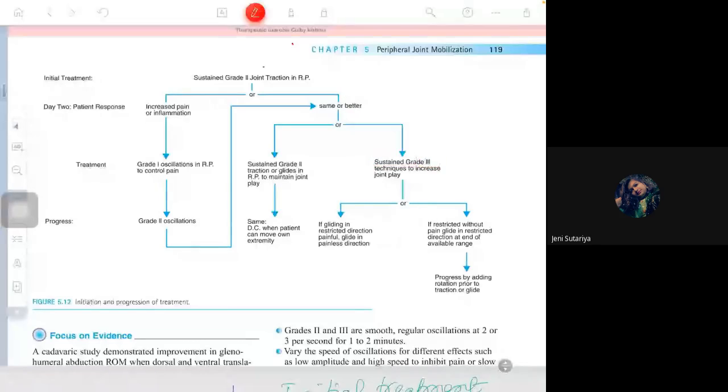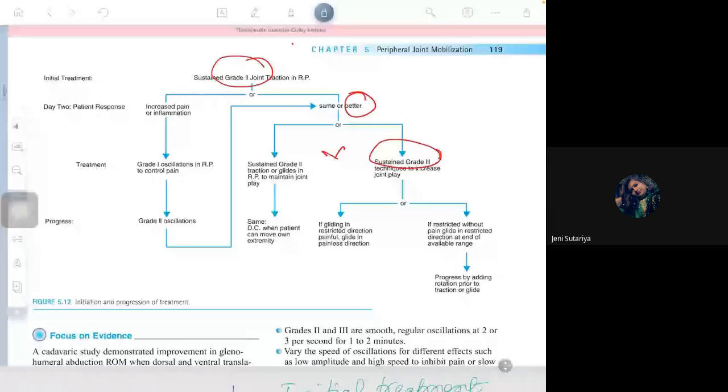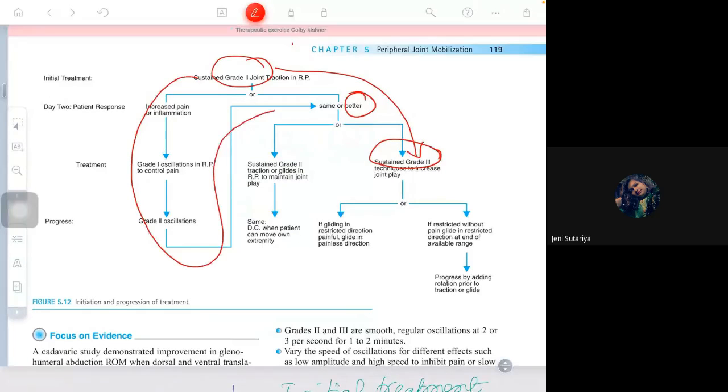First you had given grade 2 and directly you went to grade 3 because pain is better. If pain is increased, then you went like this and you came back. Because on the second day the patient response is good, directly you went from here to here. If pain is increased, then you will go like this.